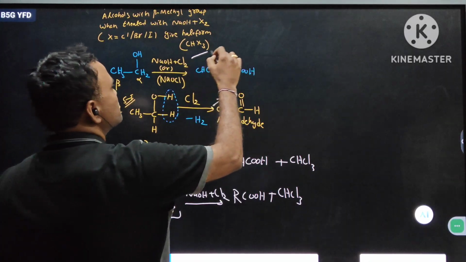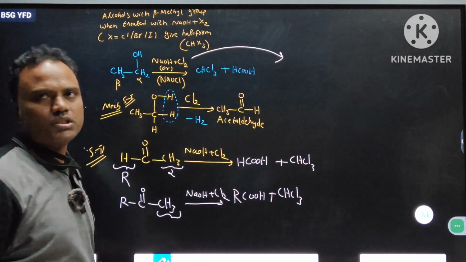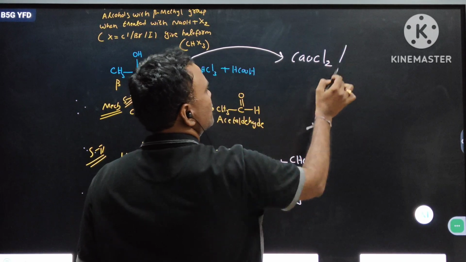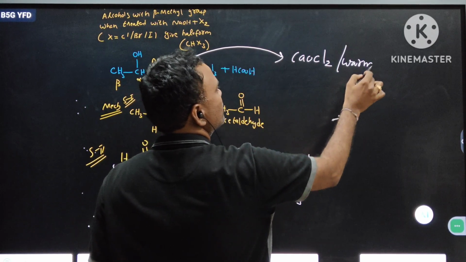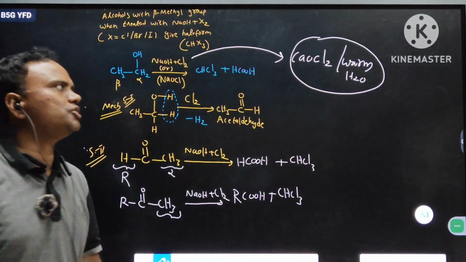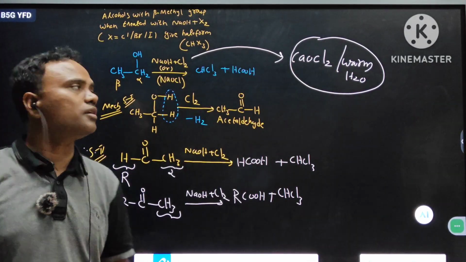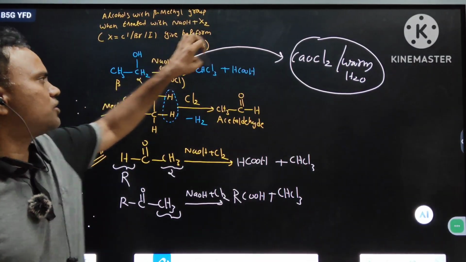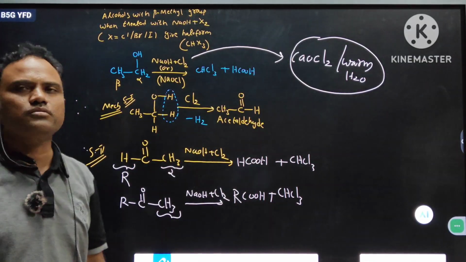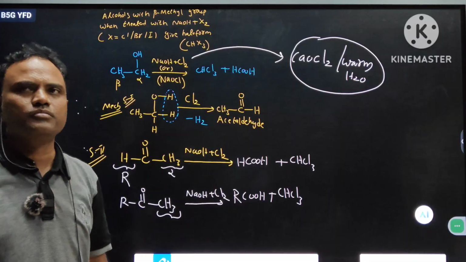And one important point: in place of NaOH Cl2, you can use bleaching powder also, CaOCl2 and warm water. Warm water, so the mechanism is the same, everything is the same.